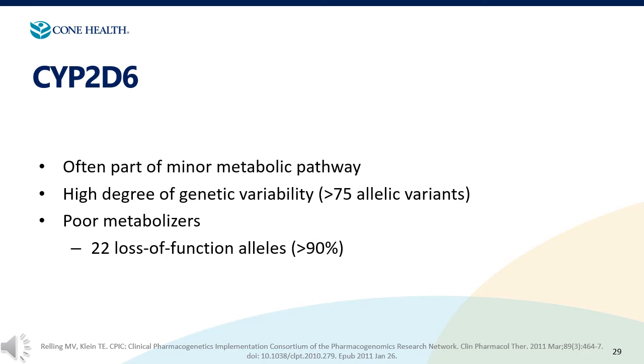The majority of these code for poor metabolizers, with at least 22 loss of function alleles, where the enzyme has just that, complete loss of function, and is unable to perform any metabolism at all.